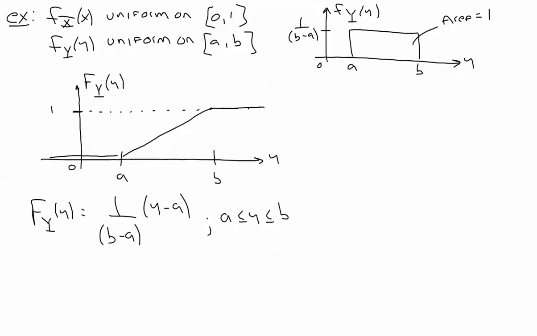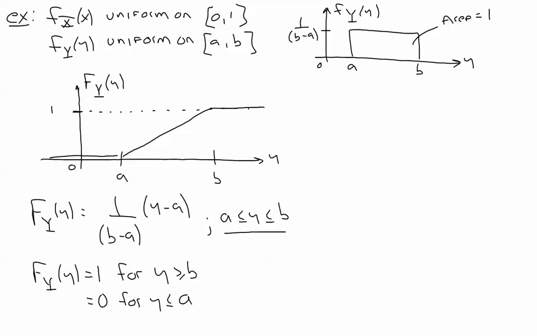That's what I need. In the range from a to b, it's a straight line. And it equals 1 for y greater than or equal to b, and is 0 for y less than or equal to a.